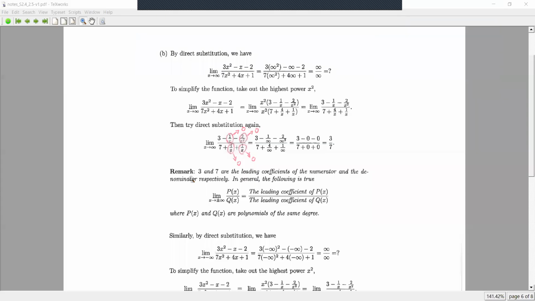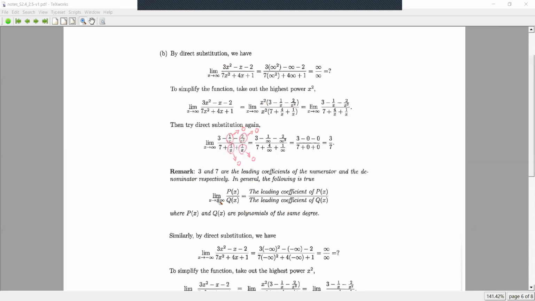Here is a remark about this solution. Have you noticed that the number 3 is the leading coefficient of the polynomial in the numerator, and the 7 here is the leading coefficient of the polynomial in the denominator? In general, the following is true.